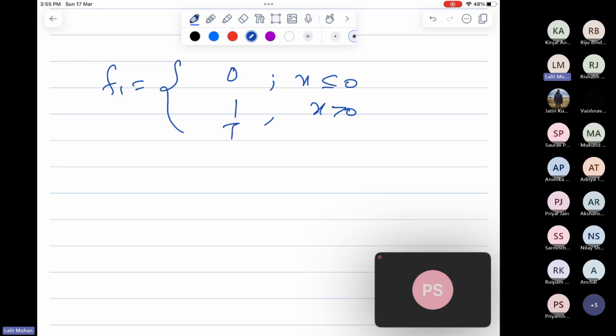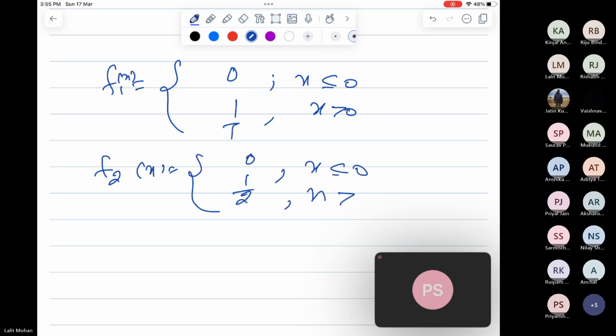Is this function continuous at 0? Are the above two functions continuous at 0 or not? Am I audible?